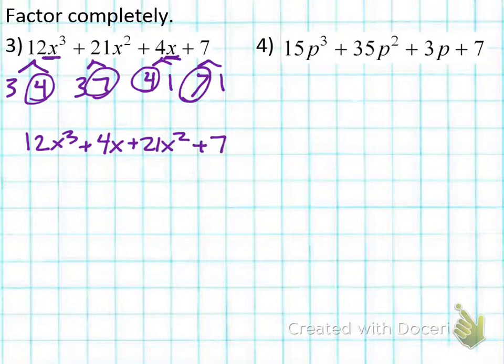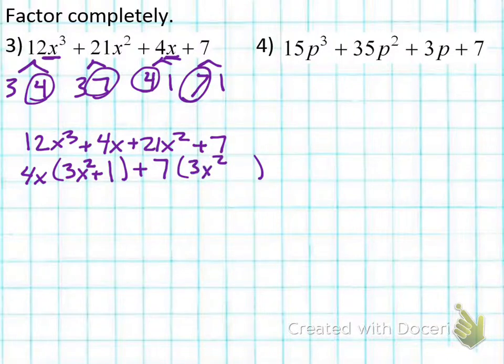Now I'm going to factor out that GCF, which is 4x for the first pair of terms and 7 for the second pair of terms. When I factor out the 4x from 12x cubed, I get 3x squared. 4x divided by 4x just gives me a positive 1. Factoring out the 7 from 21x squared, I get 3x squared.